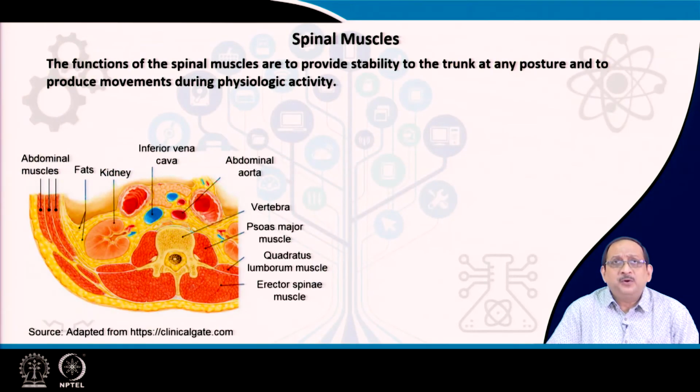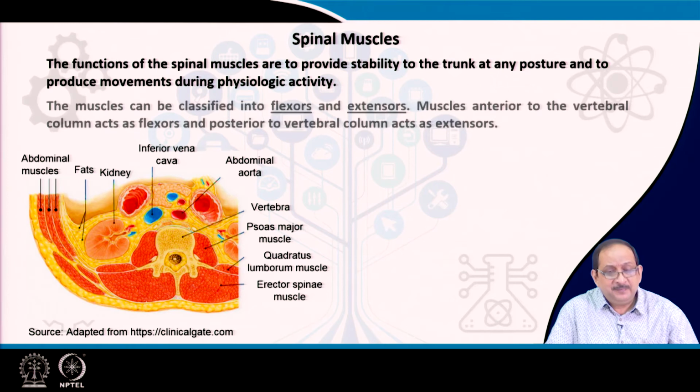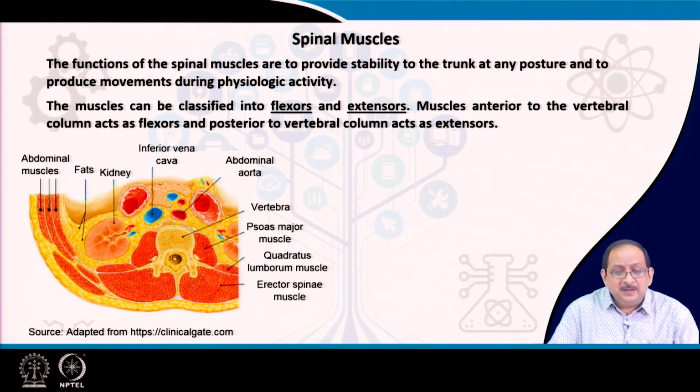We would now focus on the spinal muscles. The functions of the spinal muscles are to provide stability to the trunk at any posture and to produce movements during physiologic activity. The muscles can be broadly classified as flexors and extensors.